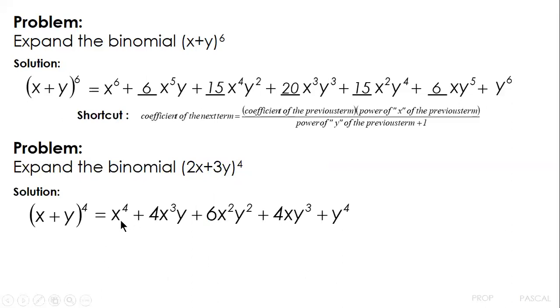So this is the expansion of x plus y raised to 4. You base on this first, and after this, the actual binomial. So you have 2x plus 3y raised to 4. You replace x by 2x and you replace y by 3y. For example.